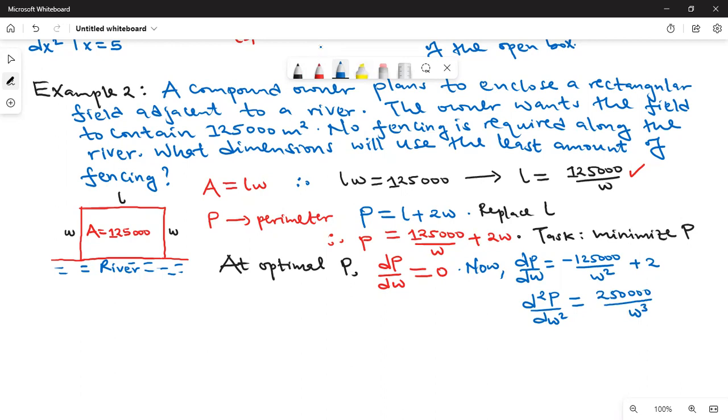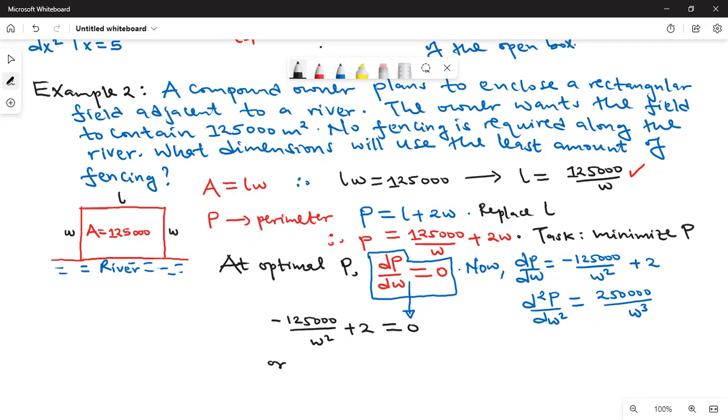So now when we equate dP dW to 0 and then solve for W, what are we going to get? This will give us negative 125,000 over W squared plus 2 should be equal to 0.